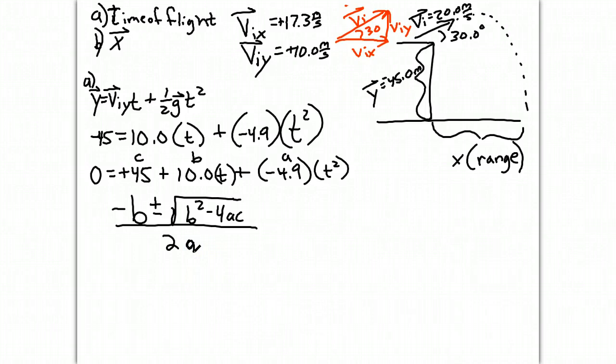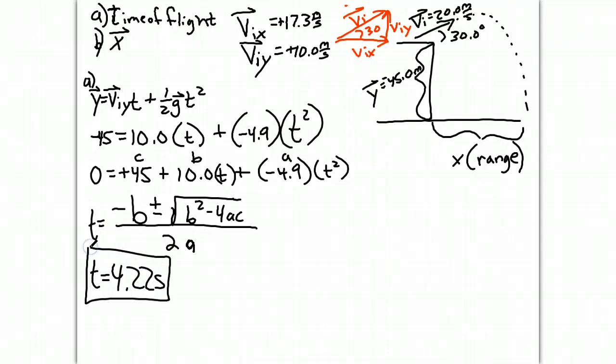So you plug those numbers in. You're going to get one positive and one negative answer. And remember that time can never be a negative answer. So our time is going to be equal to 4.22 seconds. So that's one way of finding the time.